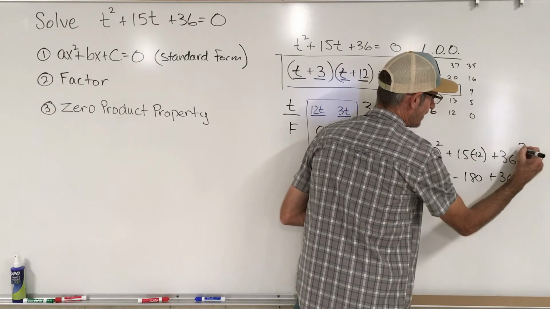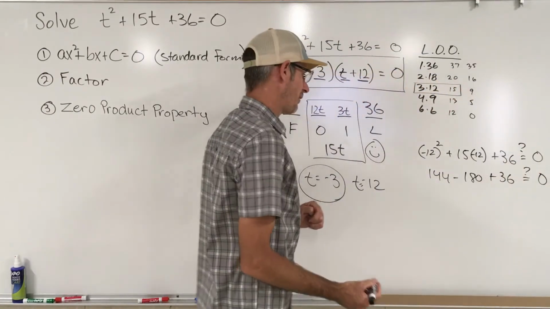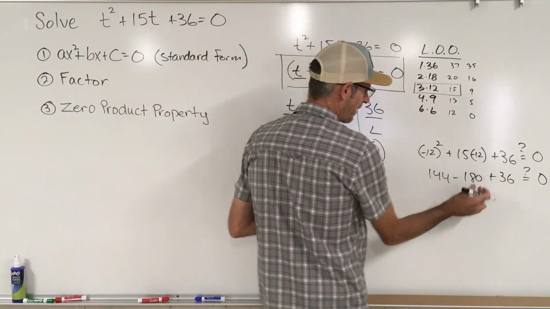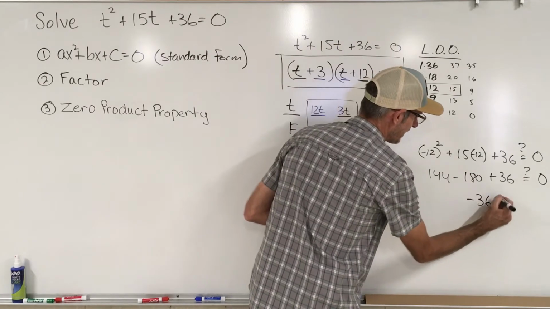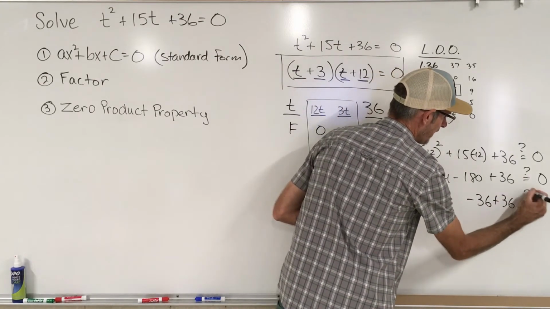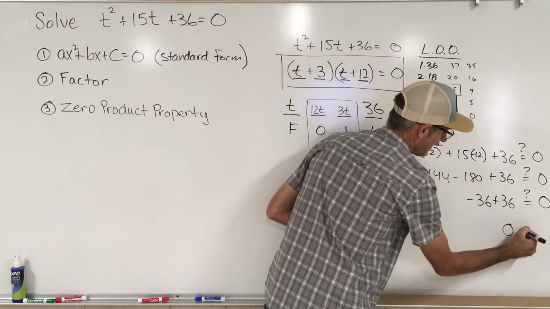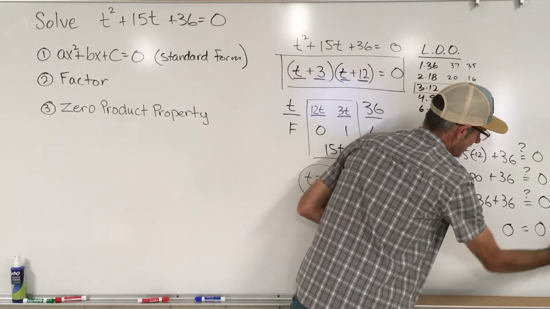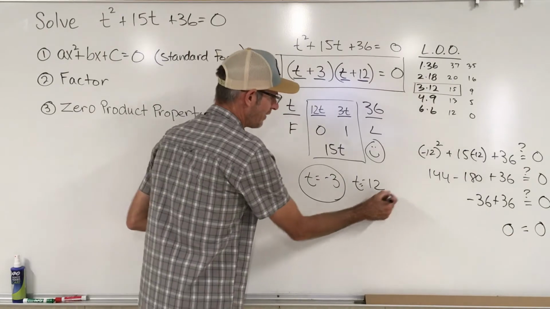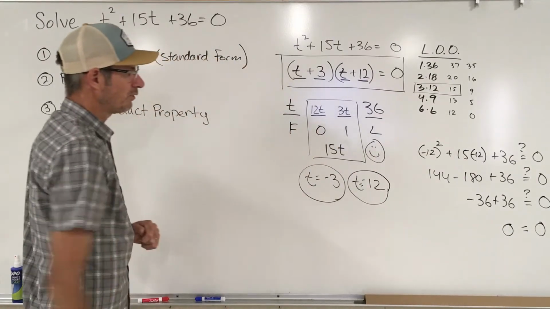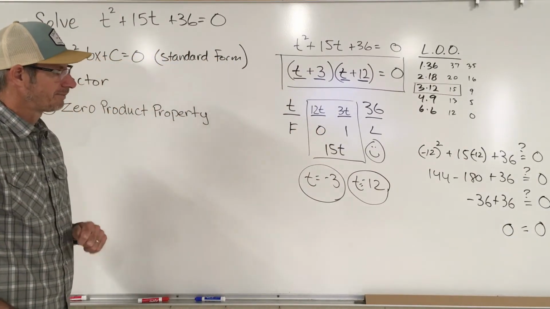And I want to know, does this equal 0? And so 144 minus 180 is negative 36. And I want to know if that equals 0. And negative 36 plus 36 is 0. So yes, that checks out. And negative 12 is a solution to that equation.